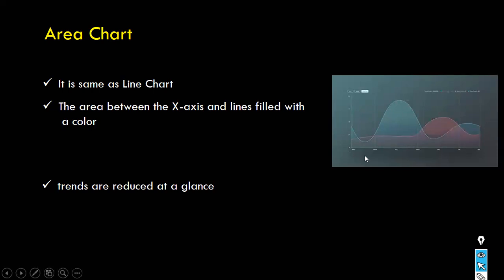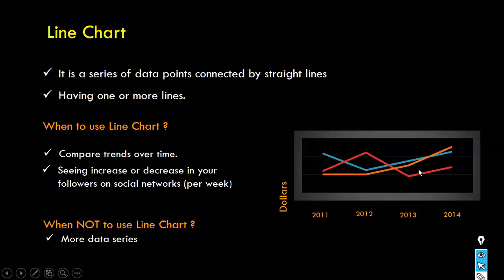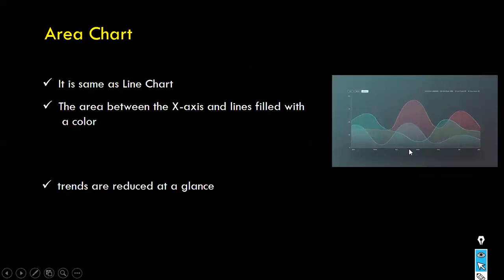The comparisons between data series are quick to make. If you have especially more categories it is difficult to make comparisons, but here, since the color has been filled between the line and the x-axis, you can quickly compare the differences between various categories also.